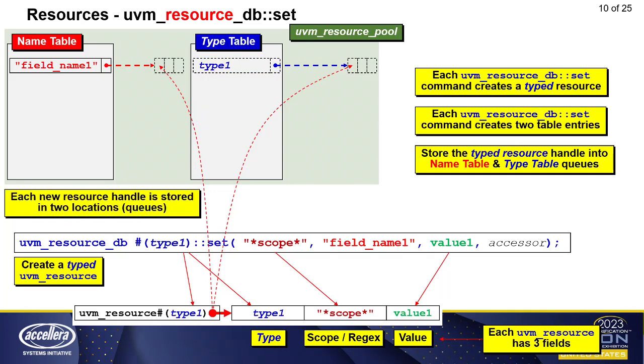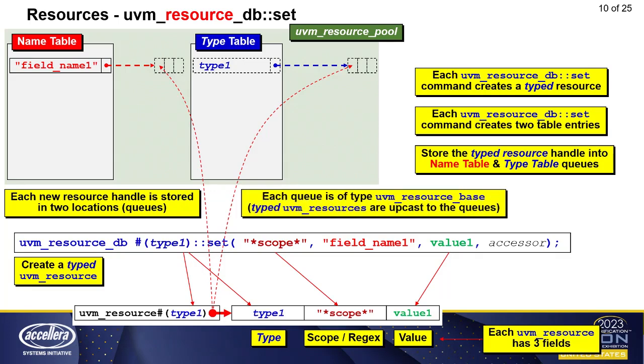This means each new resource handle is stored in two locations, in two different queues. Each queue is of type UVM resource base, and the typed resources are type parameterized derivatives of the UVM resource base class, so each handle is upcast to the queues of the base class type.